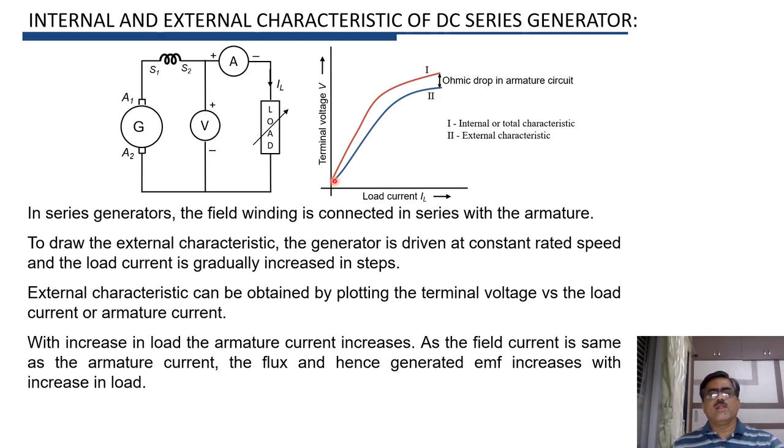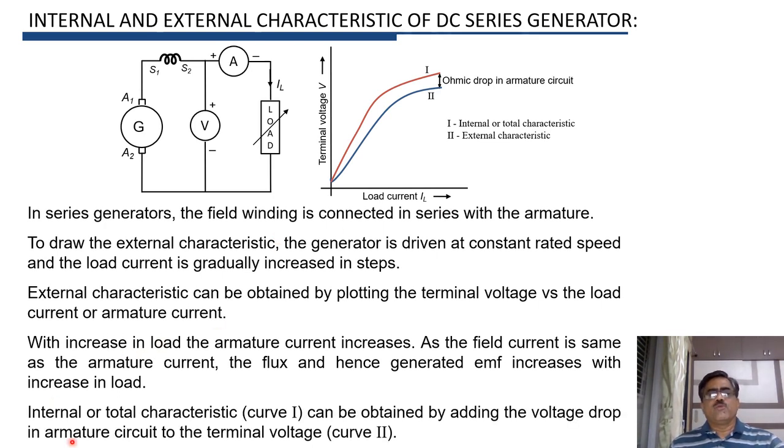So for low values of load current, as load current increases, terminal voltage V also increases. And after saturation, V remains almost constant, meaning V will not increase much even if the load current IL is increased.